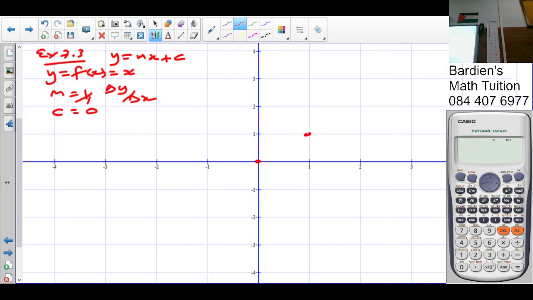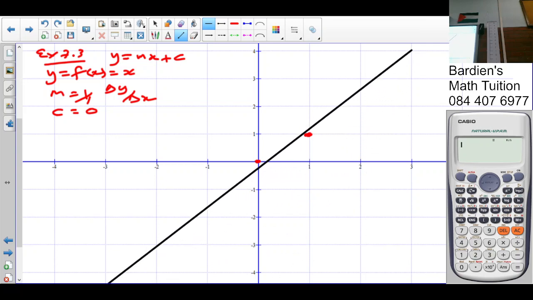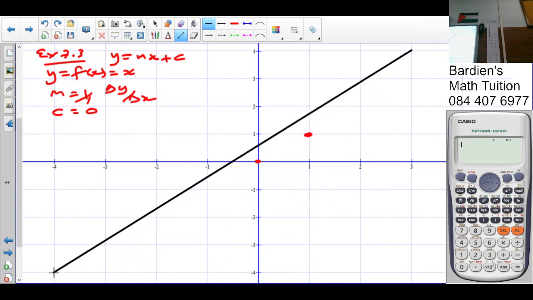So is that point into account? You see that? That is 1 and this is 1. You guys understand? So what I do is, once I have 2 points, I can draw my graph. So take a ruler and I draw the graph going through there. We must go through those points.